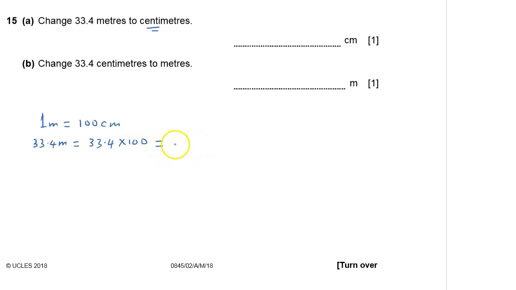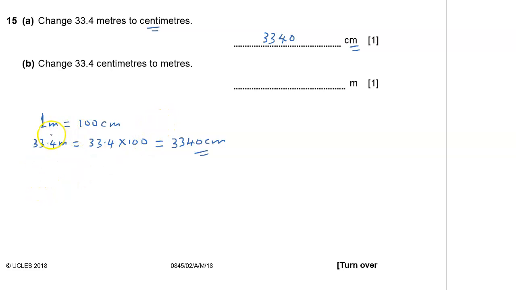This should give us 3340 centimeters. So 33.4 meters is equivalent to 3340 centimeters. B, change 33 centimeters to meters.